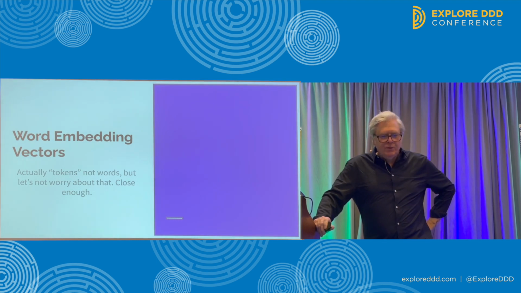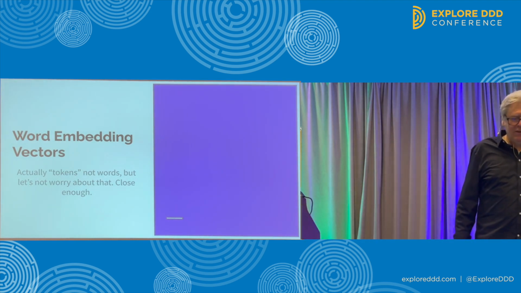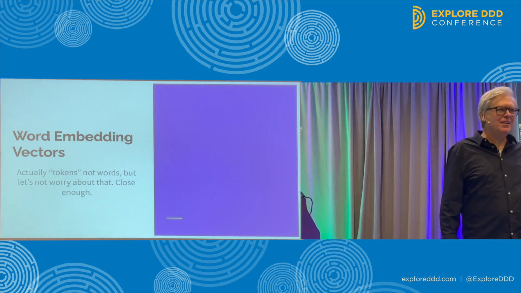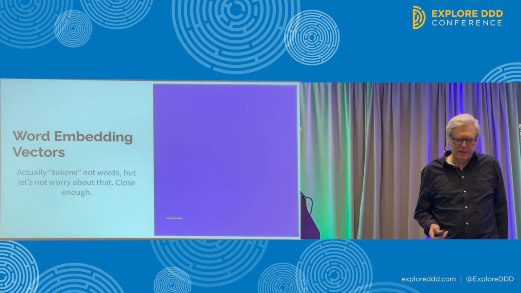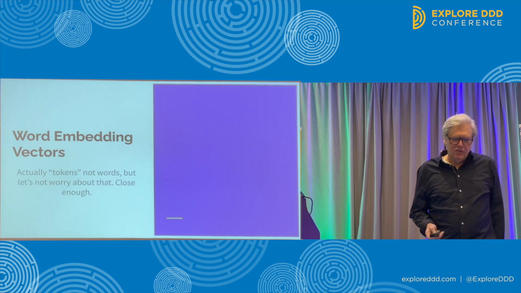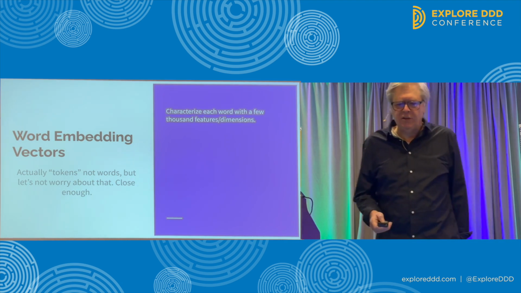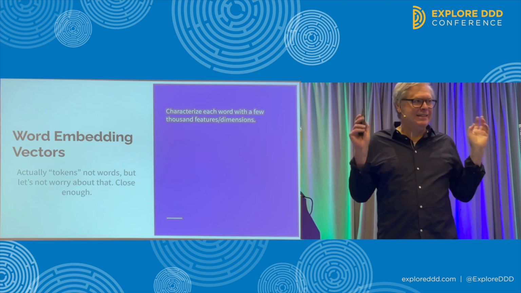So going to the actual thing, let's talk about word embedding vectors. I know, by the way, some of you already know all this stuff, and some of you are covering this just a little bit. Let's say we want to make a vector that represents what a particular word means.